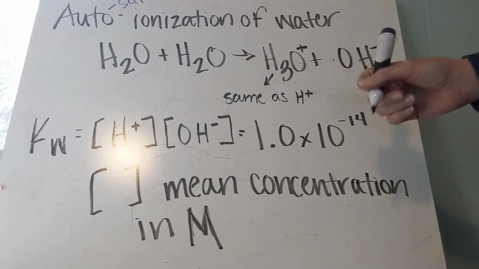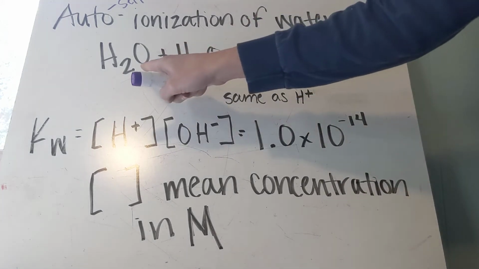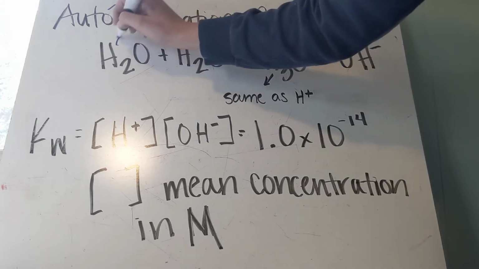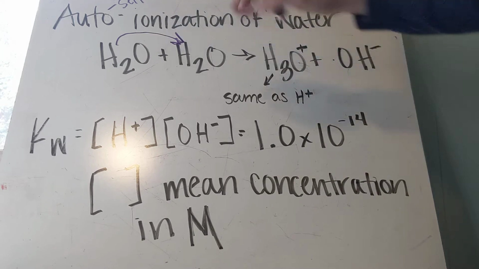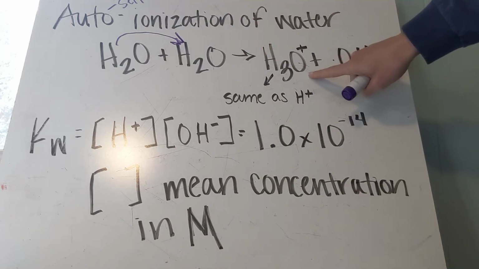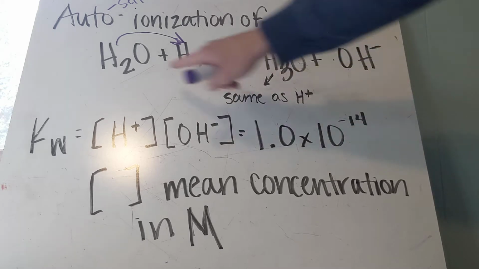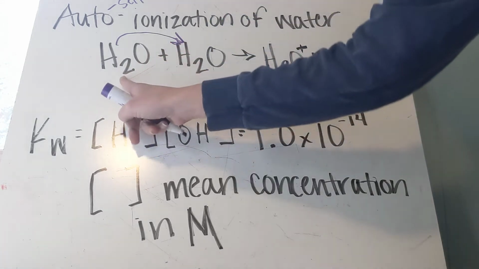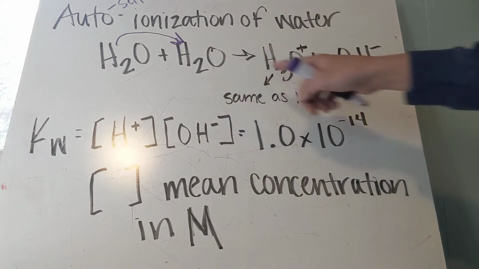You can see from the equation, ignore this part right here. Water is going to lose a hydrogen ion to the other water. That water then becomes H3O plus. One of the waters was a hydrogen ion donor, and the other water was a hydrogen ion acceptor.